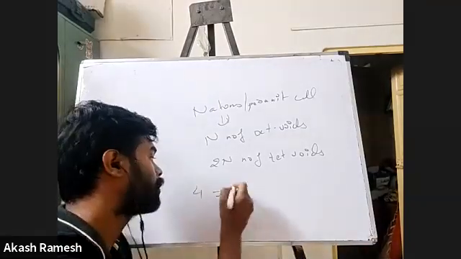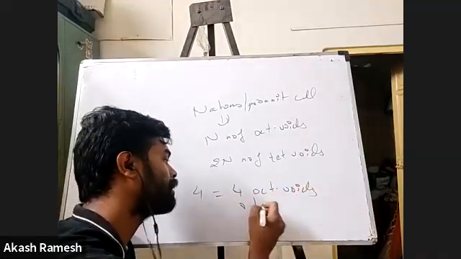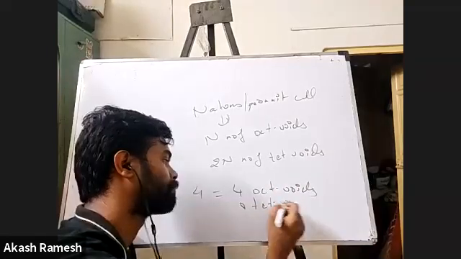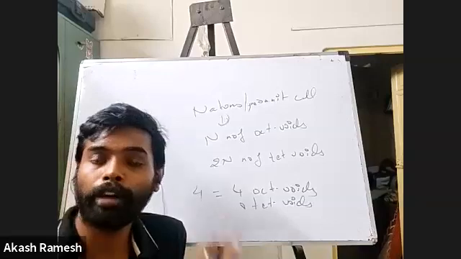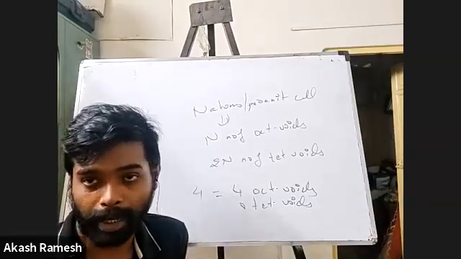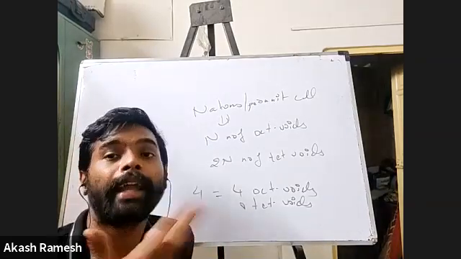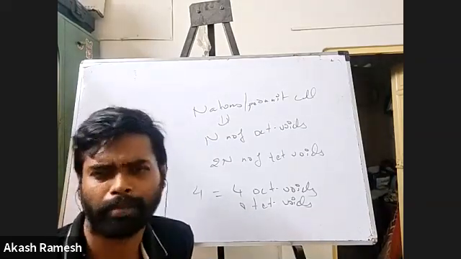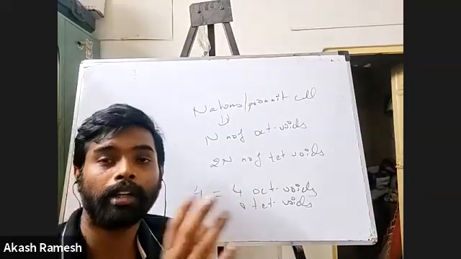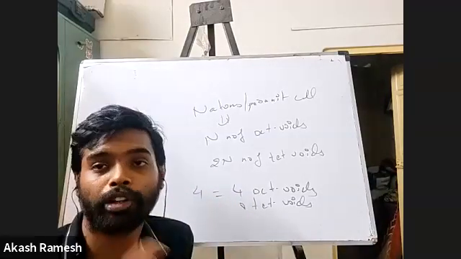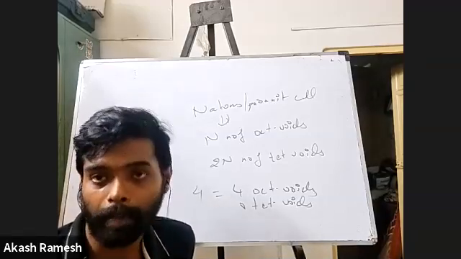That means it will have 4 octahedral voids and 8 tetrahedral voids. That is what you need to understand. As simple as that. Why am I telling you all this? Because they will give you some information and ask you to find the formula of the compound. For that only I'm telling you all this.